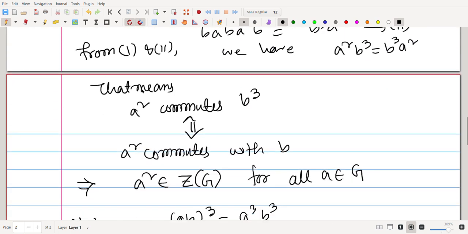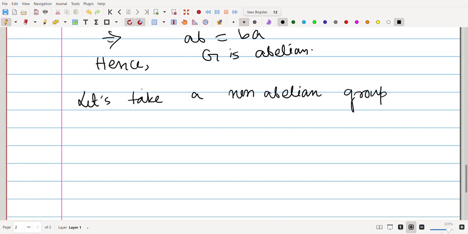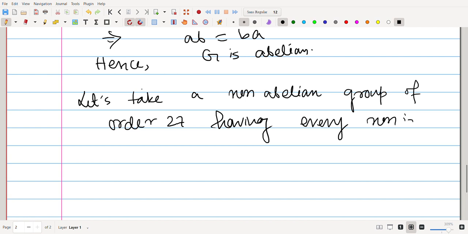So let's take a non-abelian group of order 27 having every non-identity element of order 3.